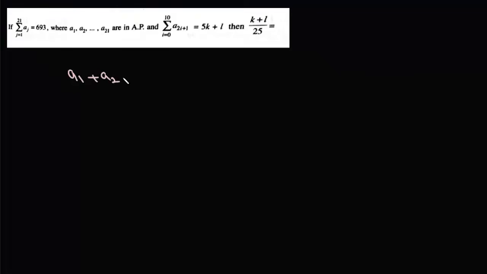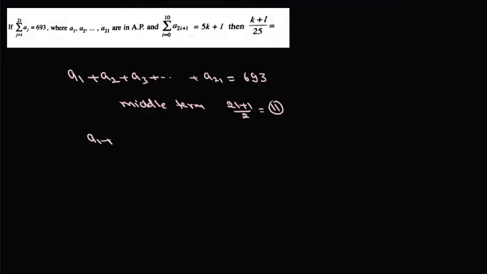Now we know that A1 plus A2 plus A3 up to A21 is equal to 693. Now we also know that its middle term will be 21 plus 1 divided by 2, and that is the 11th term.